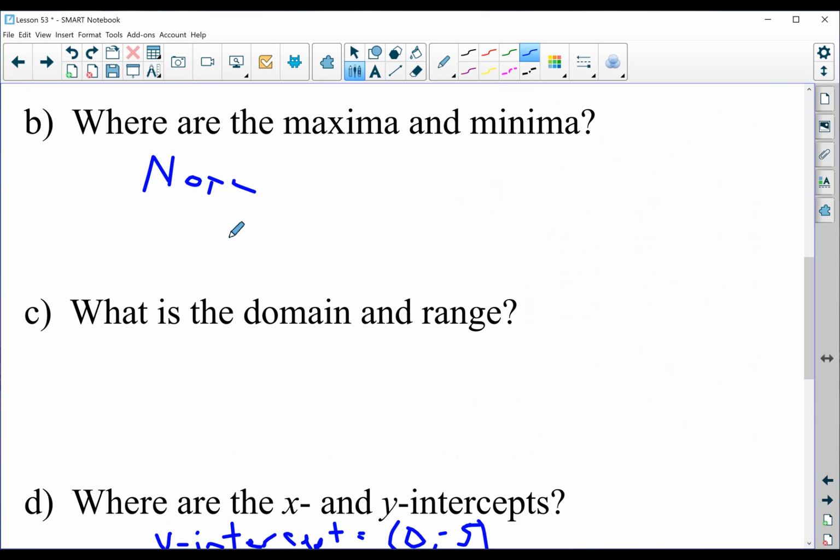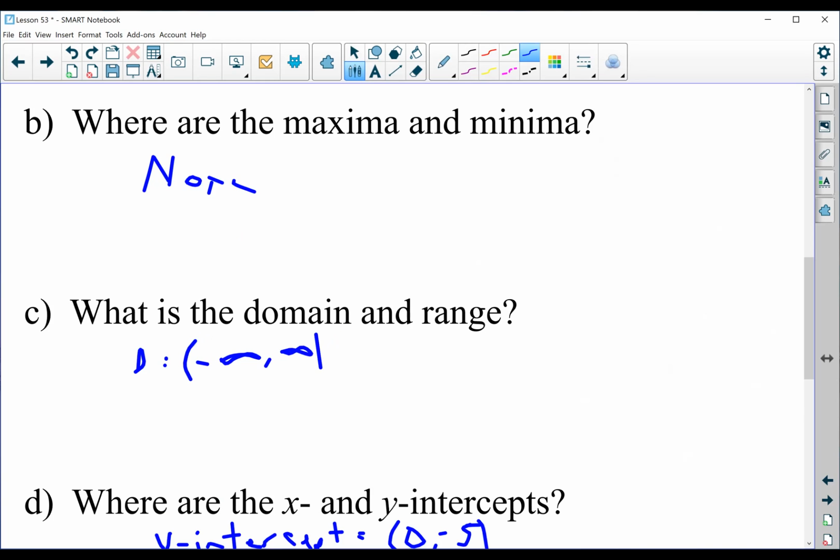And then domain and range. What values can we plug in? As long as it's a polynomial, the domain is going to be all real numbers, or we can say negative infinity to positive infinity.